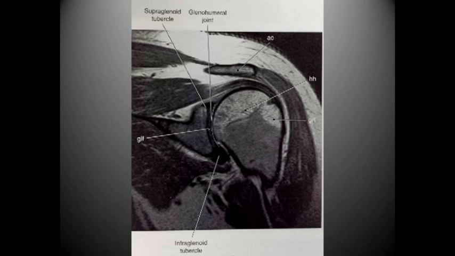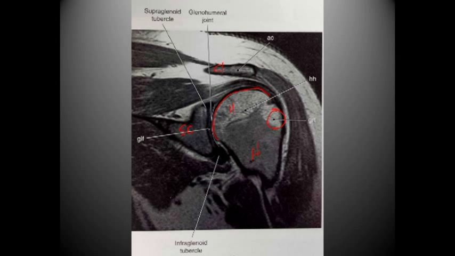Okay, on this image we have the scapula, we have the clavicle, and we have the humerus. We have the head of the humerus articulating with the glenoid fossa of, or the glenoid process of the scapula, forming the glenohumeral joint. We also have the greater tubercle here.